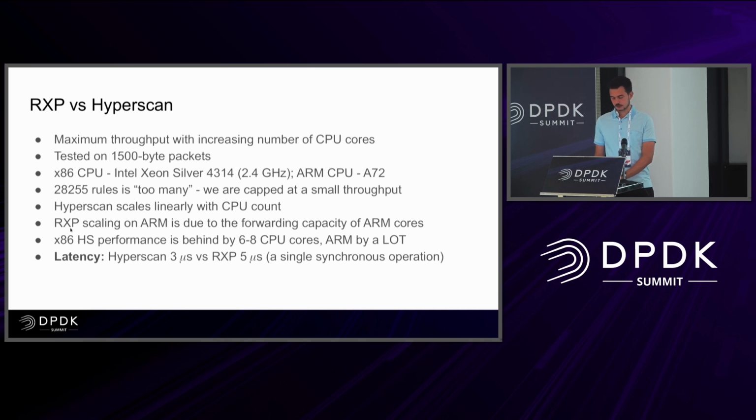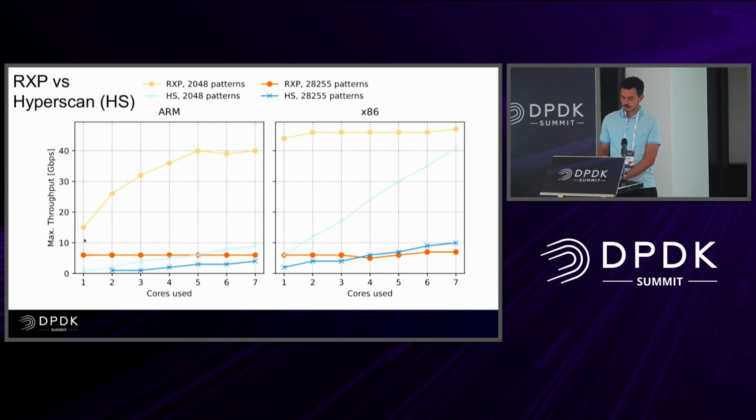What was very positive to see was that the Hyperscan is very well scaling with the number of cores. Let's say in x86 we can see the linear scaling with the number of cores.